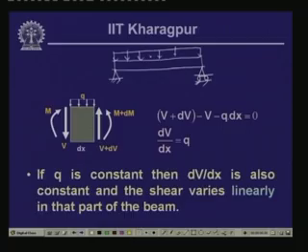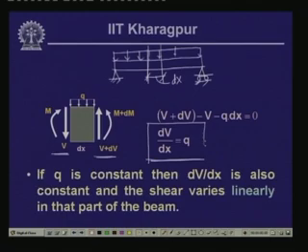Now, if we take a part of this particular beam of length dx, then according to our conventions we have placed the shear force and the bending moment on two sides. This particular equation we have seen in the last lesson, that dV/dx is equal to q.